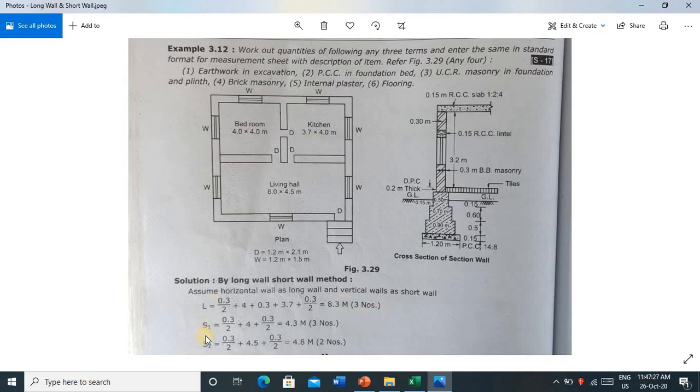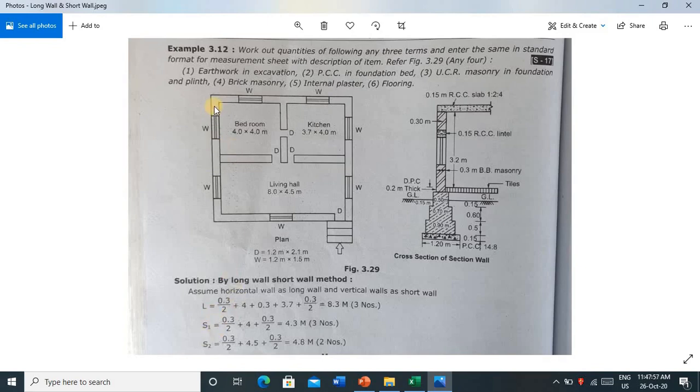Now we will calculate the length of short wall. First S1. The S1 type is this length. It is calculated, starting from this corner, as 0.3 divided by 2 plus 4 plus 0.3 divided by 2. So you will get the length of this short wall 1.